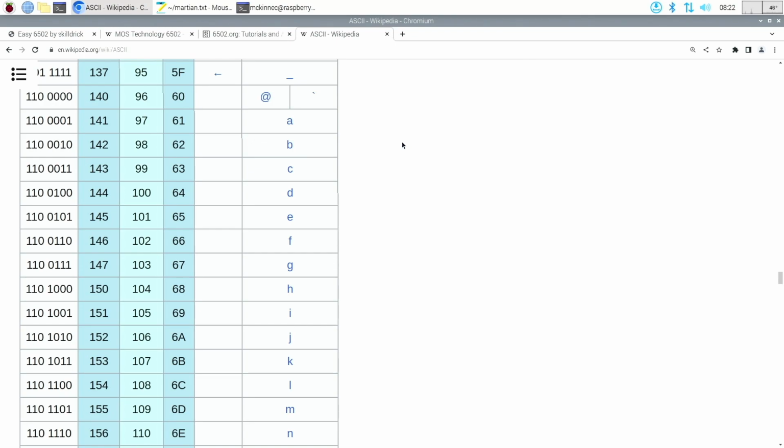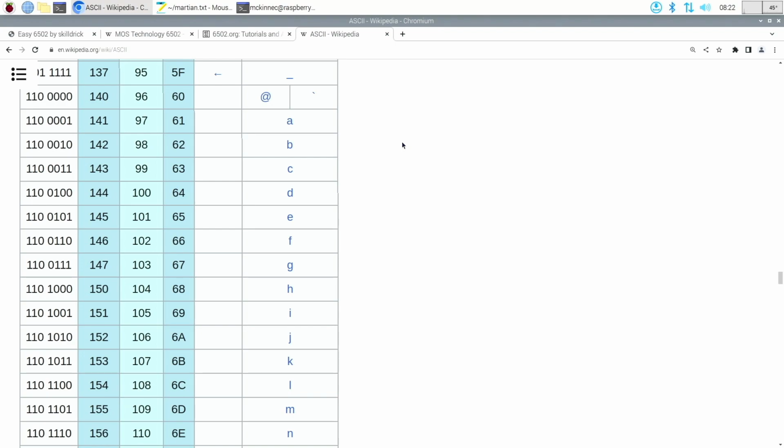So anyway, the lowercase letters are a separate chunk of ASCII, and you'll notice, where do they start in hex? They start at 61 hex or 97 decimal. Where did the uppercase letters start? 41 hex, and these ones start at 61 hex. That means the difference between them is 20 hex, which is 32 decimal.